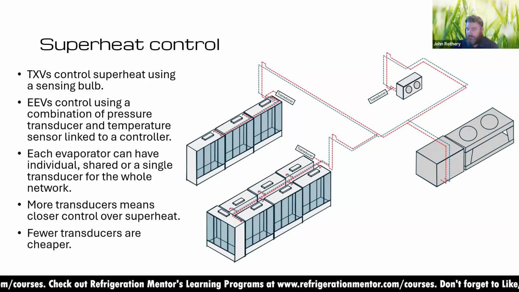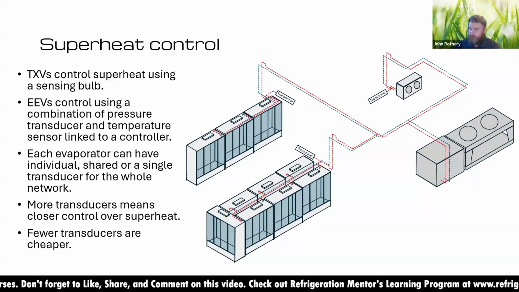The risk you've got with a common transducer on an island is if that transducer fails, a lot of the controllers have a backup value you can input. So say that's set. All those cases will then go, well, we've all got the same superheat, we'll all start controlling the same way. You run the risk of getting flood back a lot quicker, because all those valves will then start driving to an inaccurate reading.